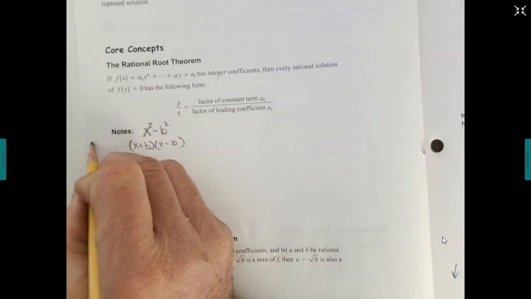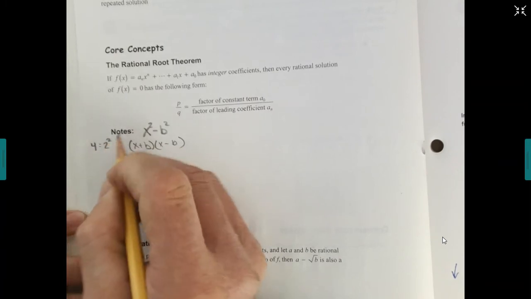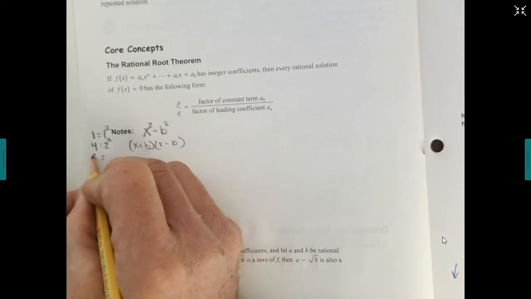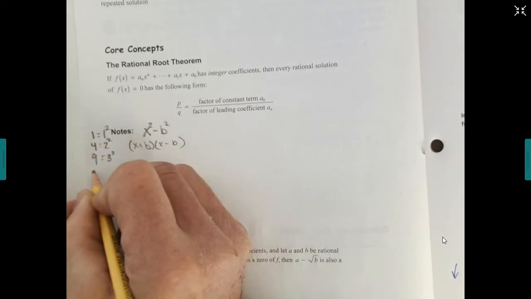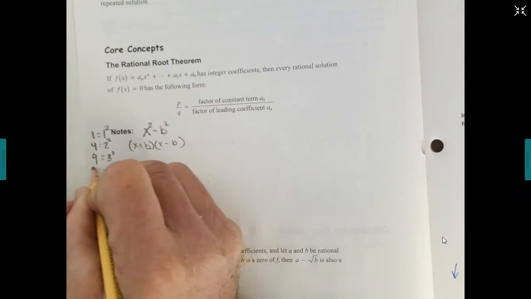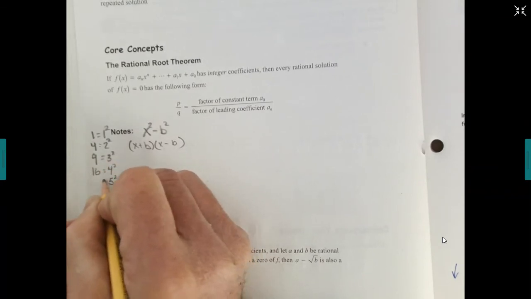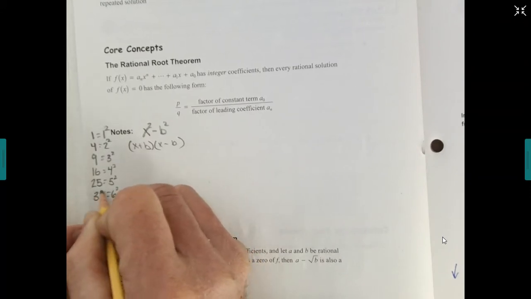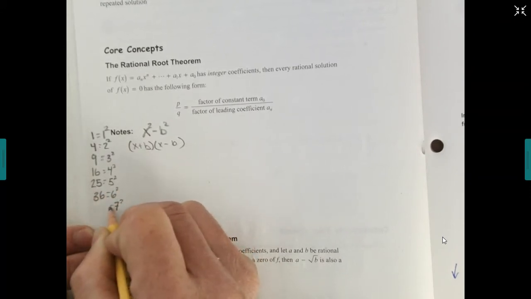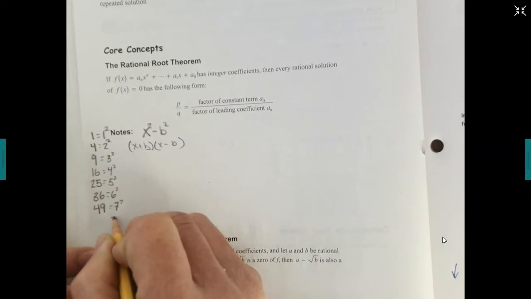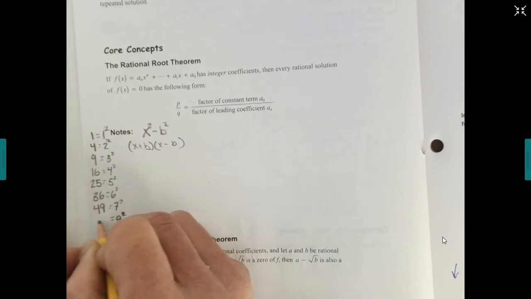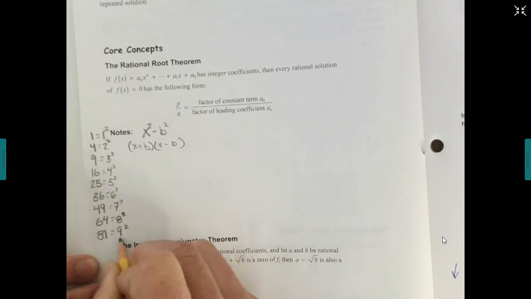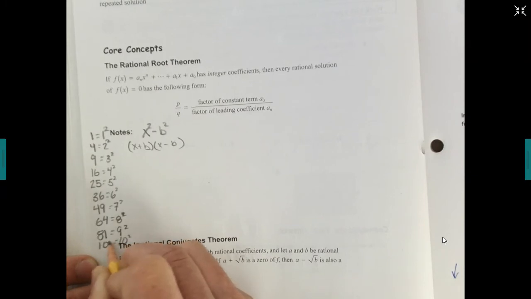So 4 is 2 squared. 1 is 1 squared. 9 is 3 squared. 4 squared would be 16. 5 squared would be 25. 6 squared would be 36. 7 squared would be 49. 8 squared would be 64. 9 squared would be 81. 10 squared would be 100.